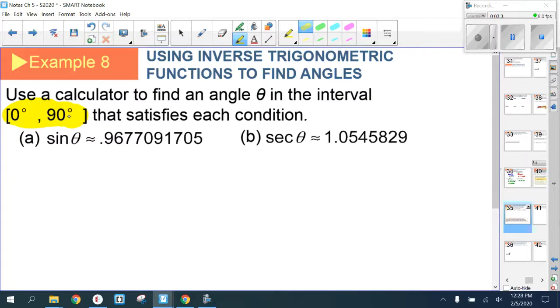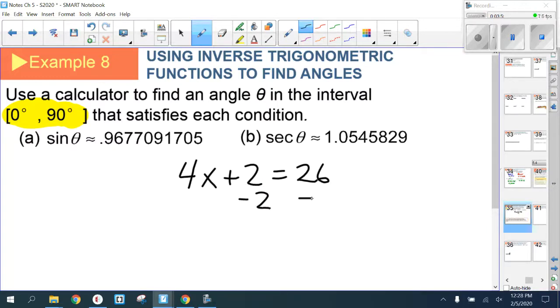Now, people get confused by part A because it looks weird, but I want you to remember how we always solve equations. So don't write this down, but if I gave you 4x plus 2 equals 26, you've solved equations like that a million times in your life, and every single time what you're trying to do is undo the operations.